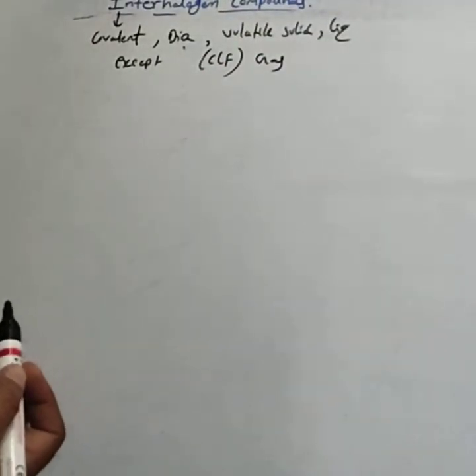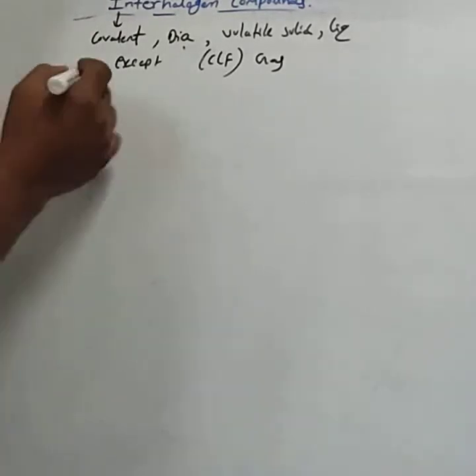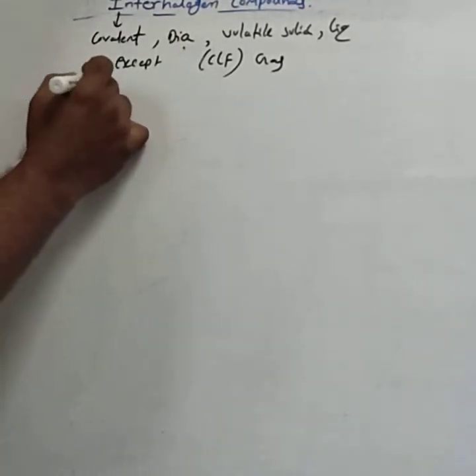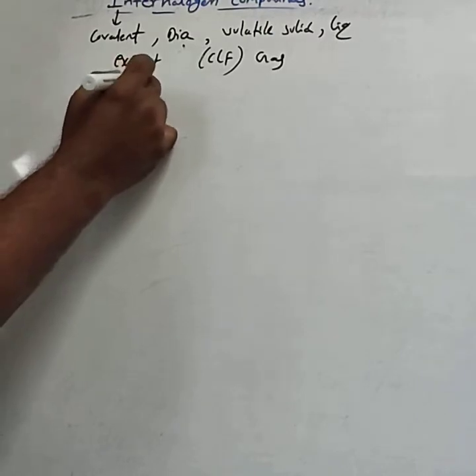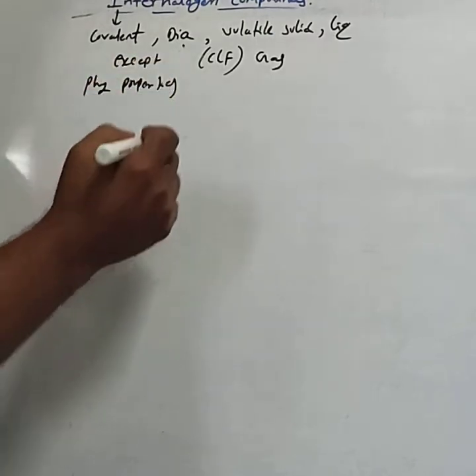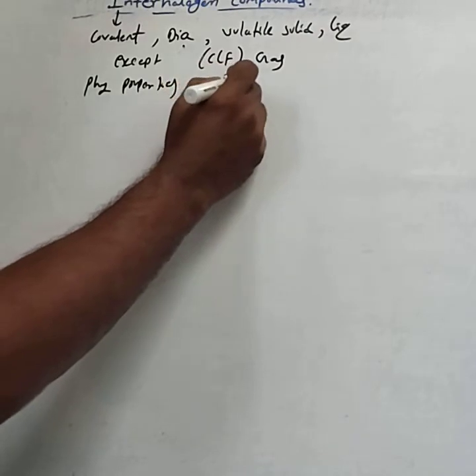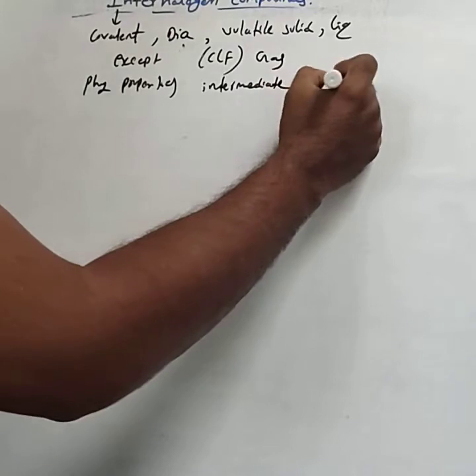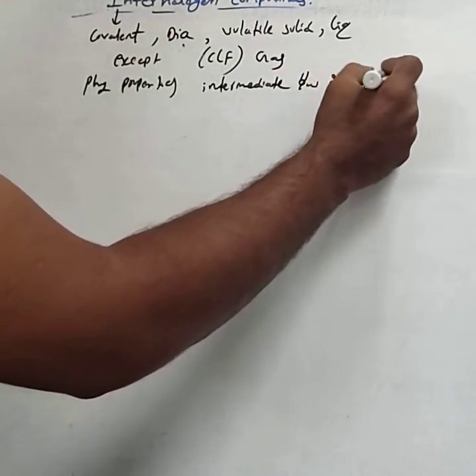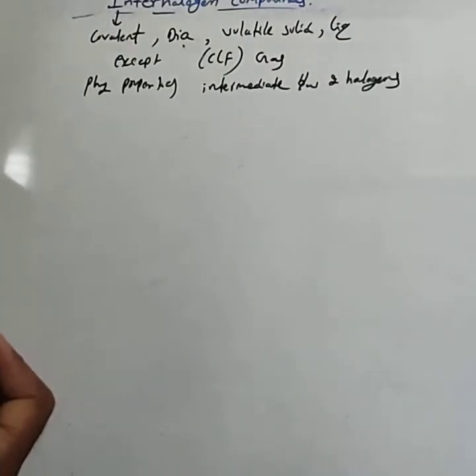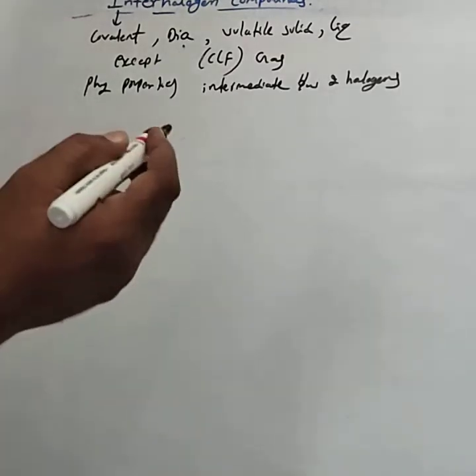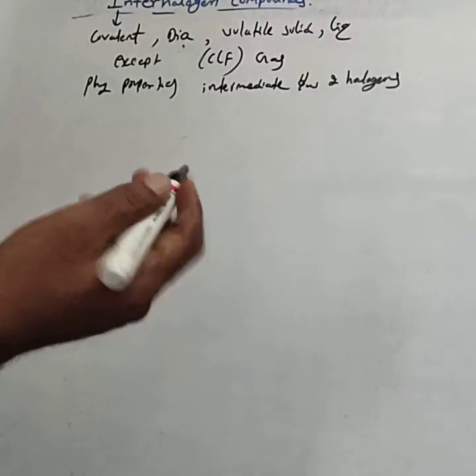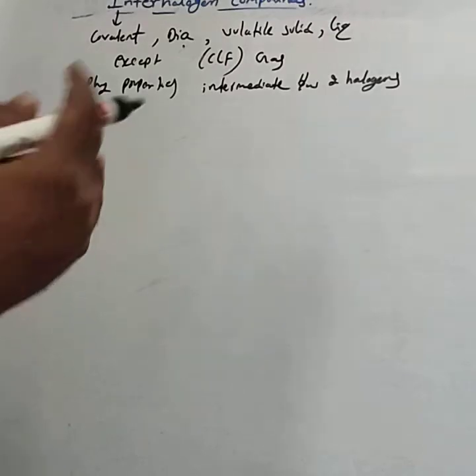Their physical properties are intermediate between those of the two halogens. That is, if you take ClF, its physical properties are intermediate between those of chlorine and fluorine.